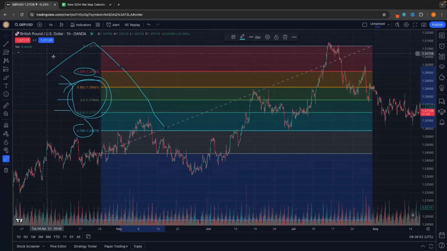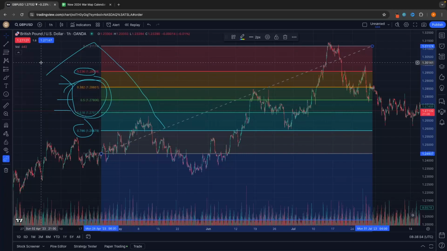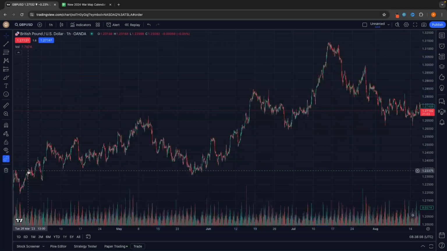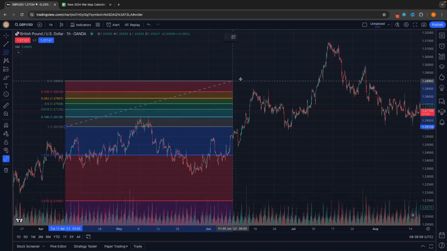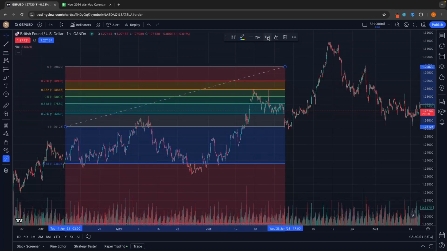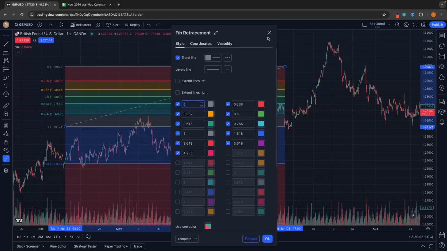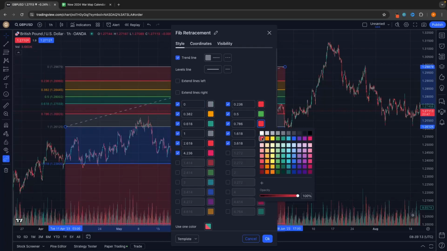So what we are going to do is go into here and simplify the chart a lot more. Let me actually just delete these drawings and then draw the Fibonacci once again. Then we can go into settings right here. And what we are going to do is go to this top level, which is fine because it's already red. Go to this bottom level, this 78 level in here, and turn this to red.